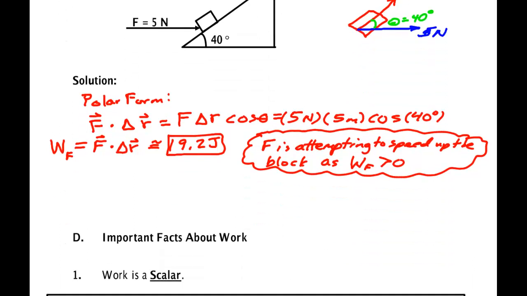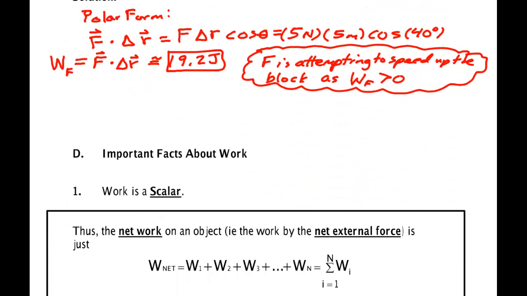Now, I also could do this in Cartesian form, but it wouldn't make a lot of sense because I don't have these vectors easy and in Cartesian form, but I'm going to do it just to show you that it could be done. So if I was trying to do this in Cartesian form, I would first need to write F in Cartesian. That's not hard. That's just 5 newtons i hat. And second, I would need to write delta R in Cartesian.